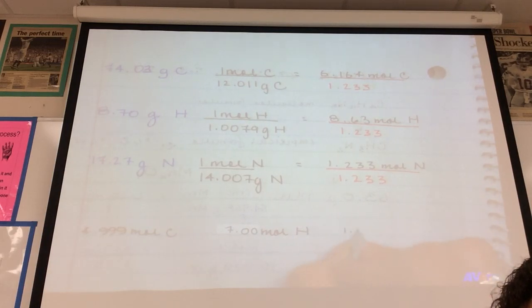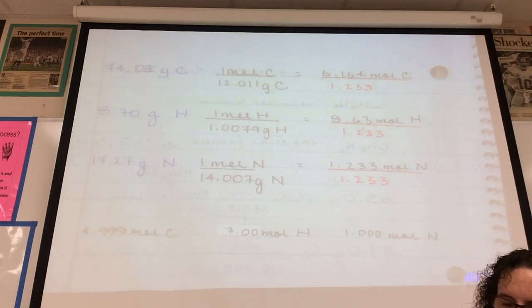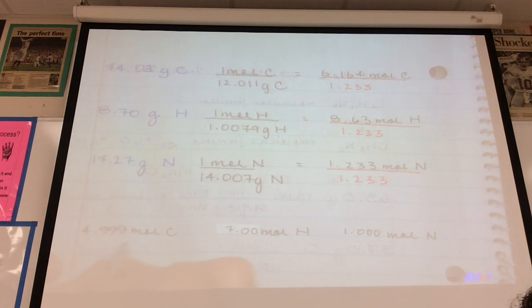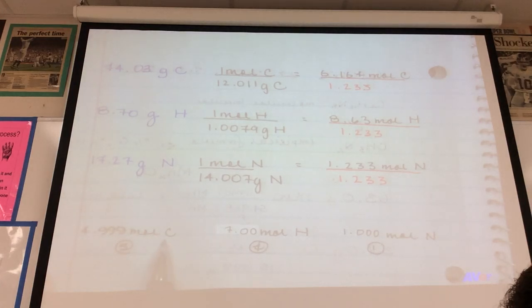And this is, of course, 1.00 moles of nitrogen. And all of these numbers are within 0.05 of a whole number, making it super easy. This is 5, this is 7, this is 1. And when I write my empirical formula, I'm just going to keep it in the same order. It makes life easier. C5, H7, and that's my empirical formula.